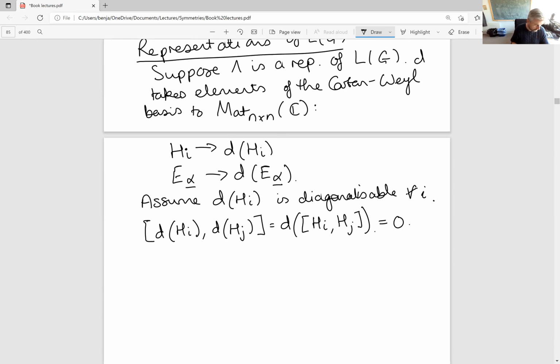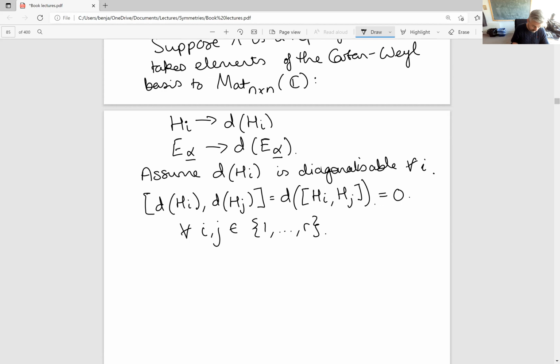Now, this is for all i and j between 1 and the rank. So these two matrices commute by this equation, which implies that the set of d of hi are simultaneously diagonalizable.